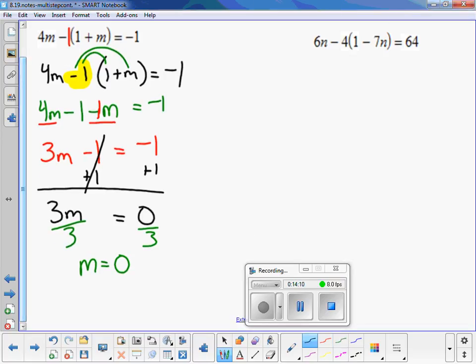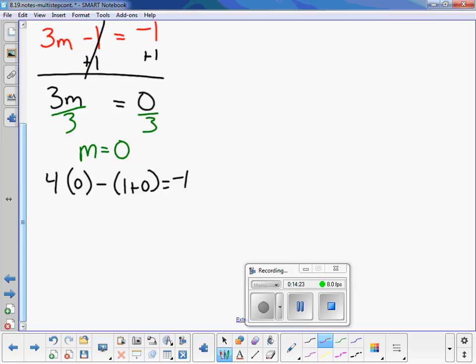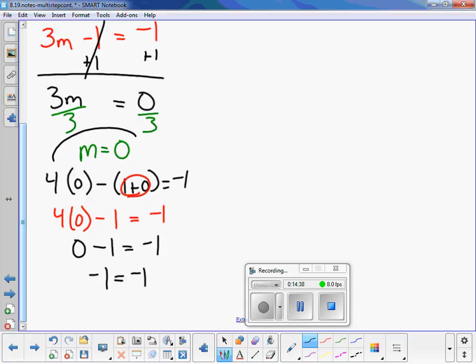So everywhere in the original problem I see m, I'm going to put a 0 and check my answer. So 4 times 0, and we need to simplify in parentheses, so we're going to minus a 1. 4 times 0 is 0, minus 1, and 0 minus 1 is negative 1. Negative 1 does equal negative 1, so m does equal 0.